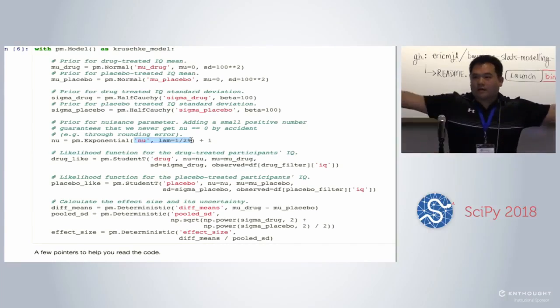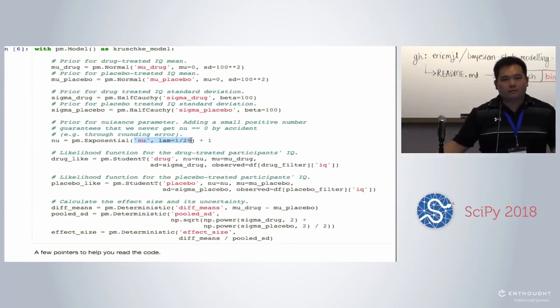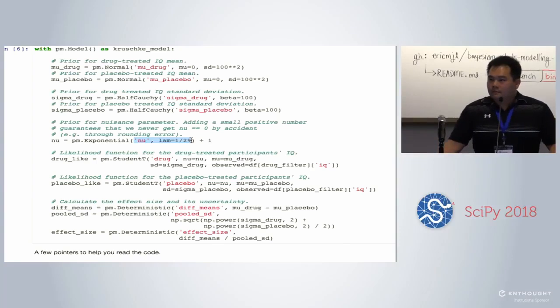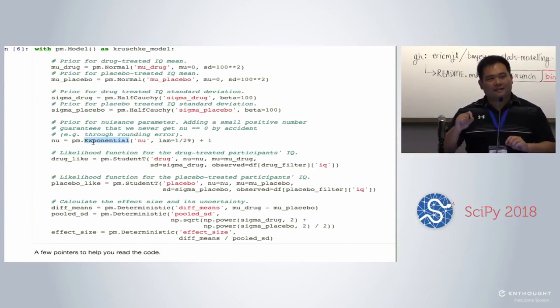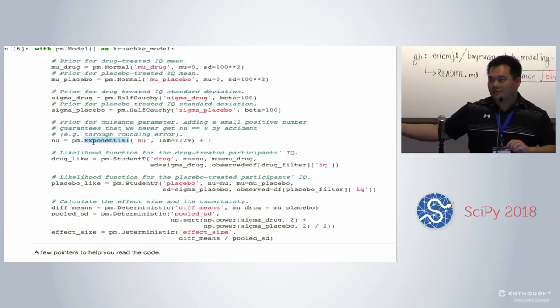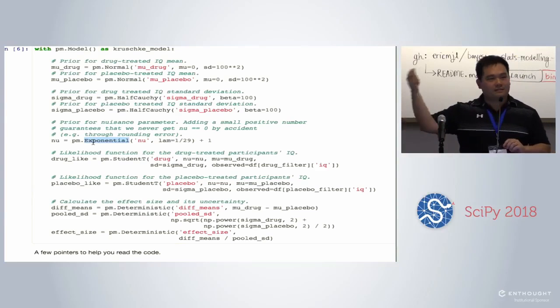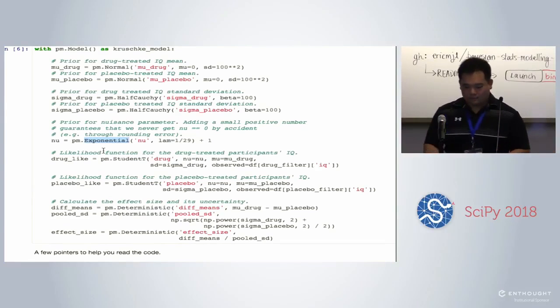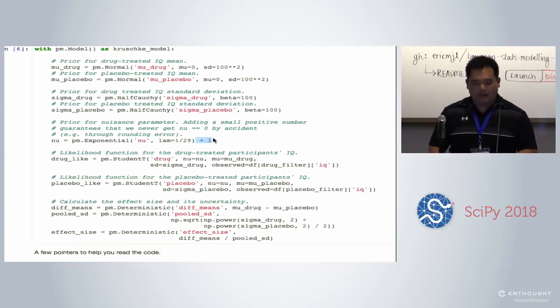So this being 1 over 29, it'd be a really, really large range of values, for example. I would actually encourage you to do pm.HalfCauchy for this, and use beta equals 100, so we can follow what's inside the diagram. And you can just add a number. It is totally permissible to do that.